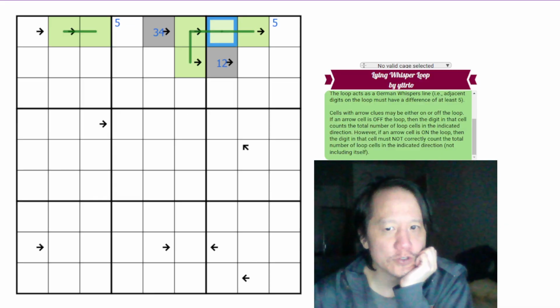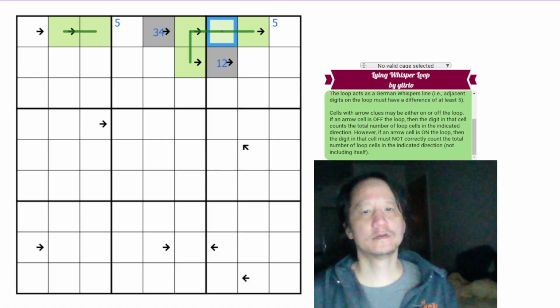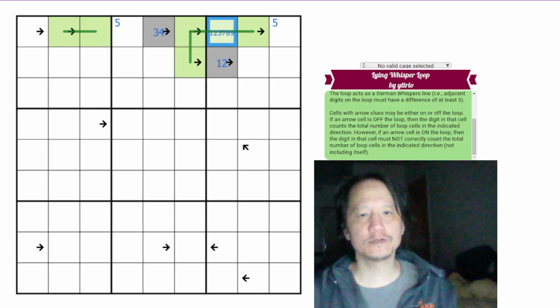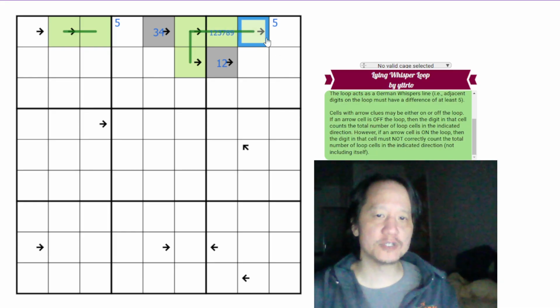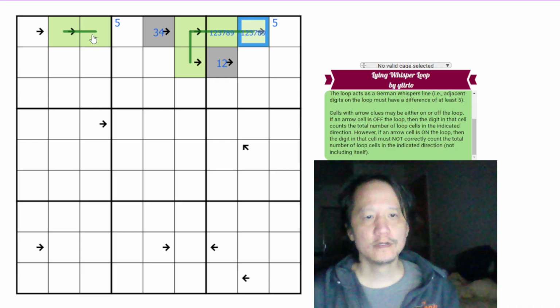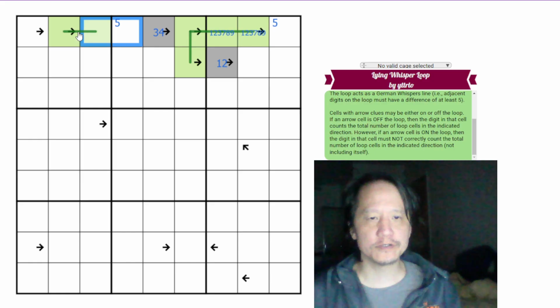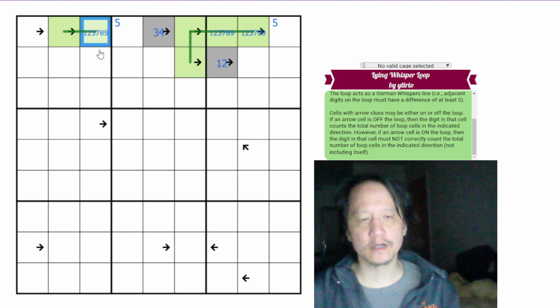This sees two unique digits on the German whispers line. So this is 1, 2, 3, 7, 8, 9. This will see two unique digits on the German whispers line because it either goes here or it goes here. So this is 1, 2, 3, 7, 8, 9. This will see two unique digits on the German whispers line because it either enters here and goes there, or enters here and goes there. So this is 1, 2, 3, 7, 8, 9.